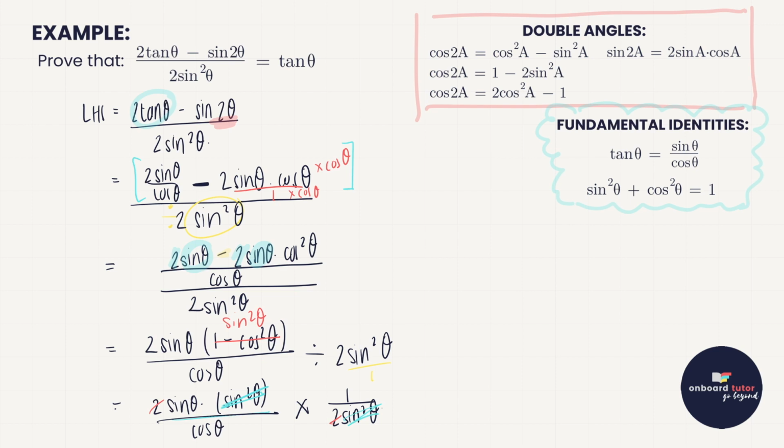So we are now left with sine theta over cos theta, which we know is equal to tan theta, which is the right-hand side. So once again, we have proven an identity by breaking it up, simplifying the left-hand side, and then showing that it equals the right-hand side.